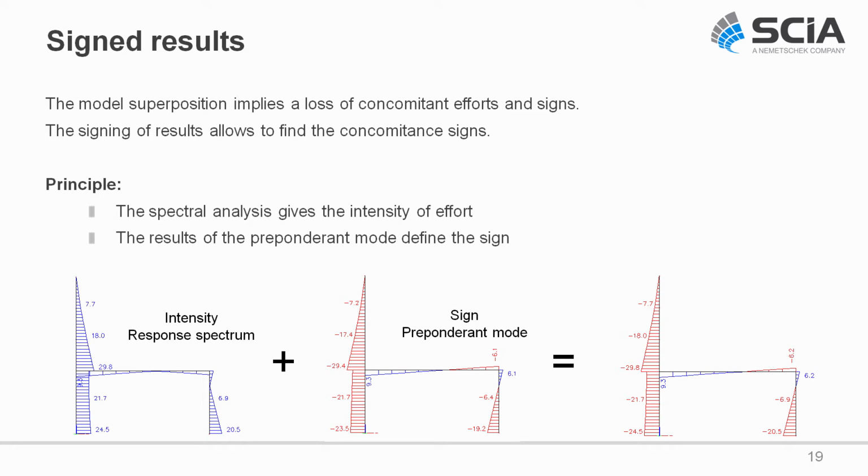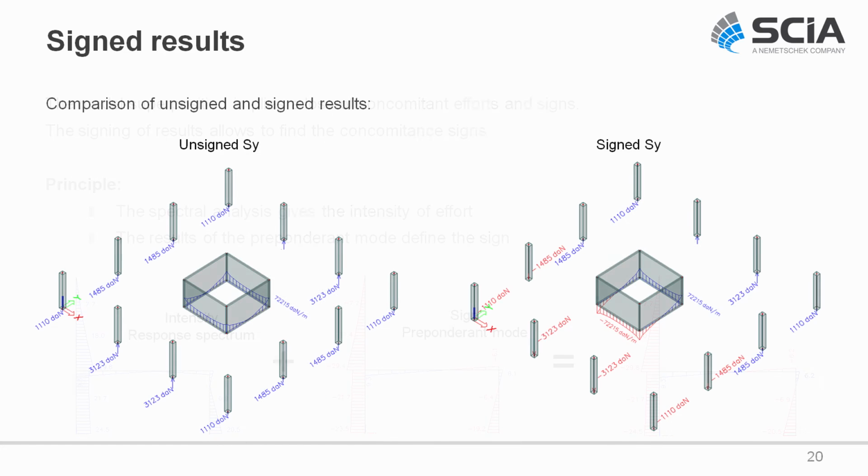A classical approach uses the sign of the most significant mode. The signed results could be interesting, for example, if you wish to get the resultant forces in a wall for seismic load cases, or to look at particular results such as the support reactions, for example. We can see this in this example where we can see the uplift force on part of the walls and supports.